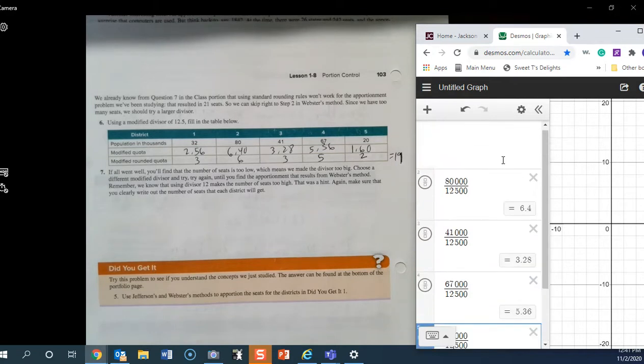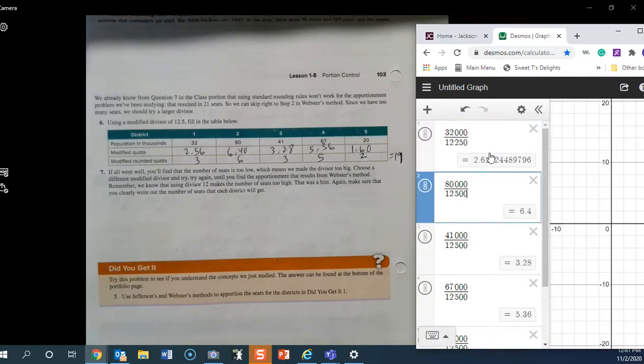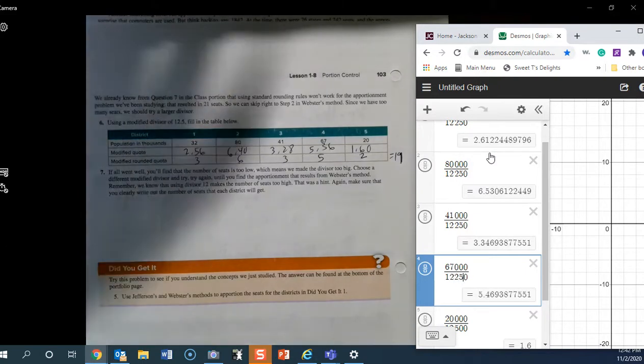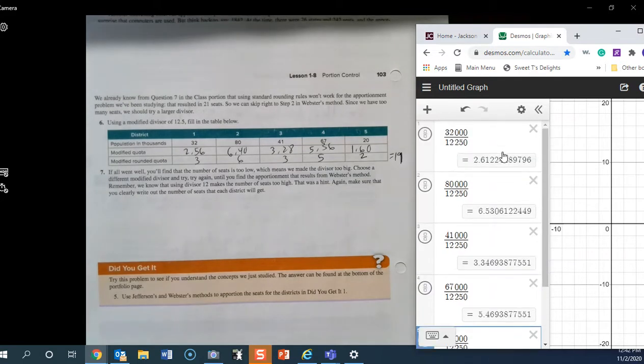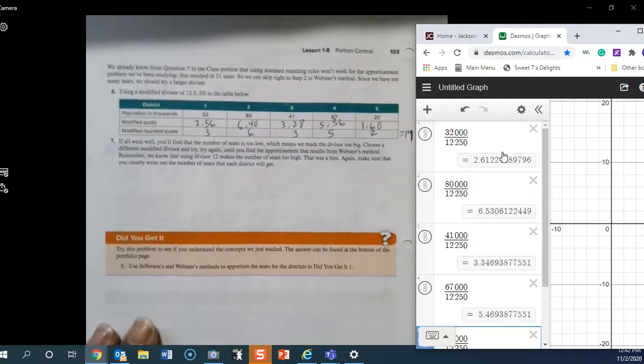So we'll divide each one of these by 12,250. All right. Now we divided each one of these by 12,250. Now I do need to draw a table here.